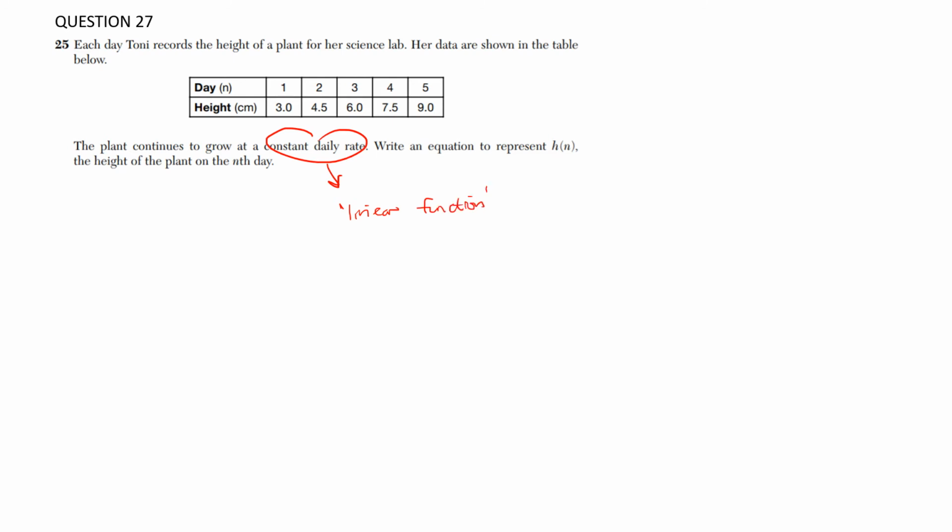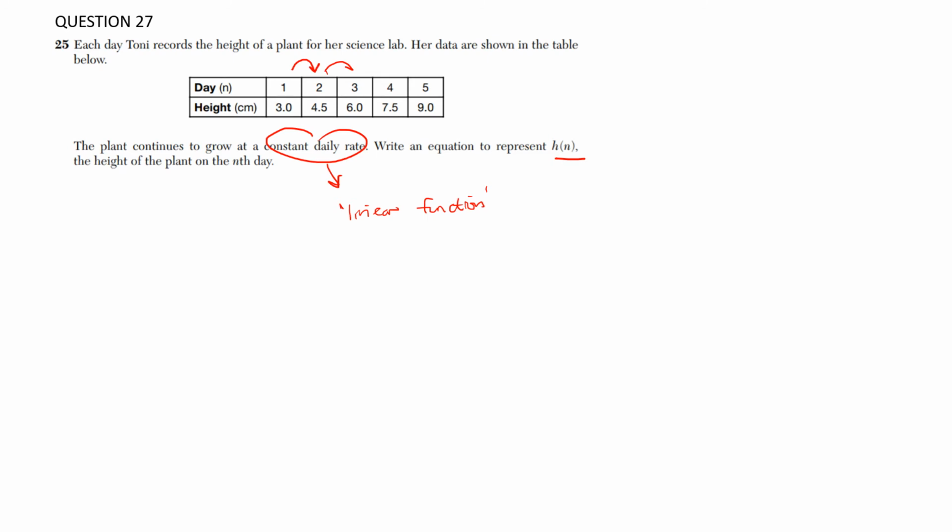It's growing by the same amount each day. Write an equation to represent h of n, the height of the plant on the nth day. So this is relatively simple. You can do it from observation. So in a unit change of a day, we notice that the height grows about 1.5 centimeters.